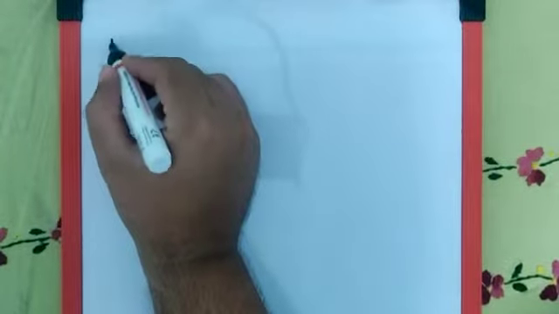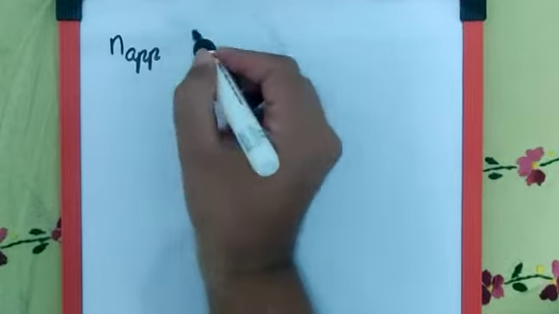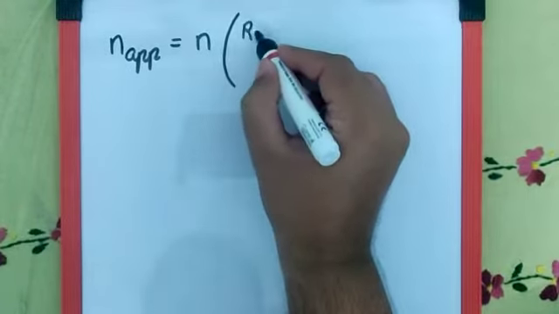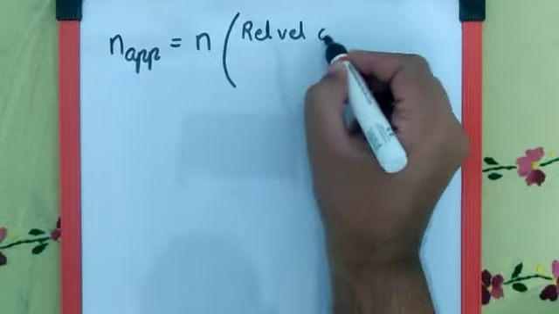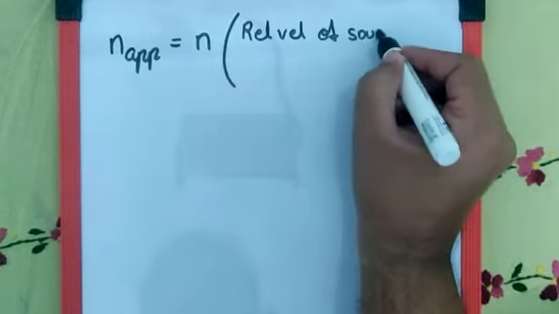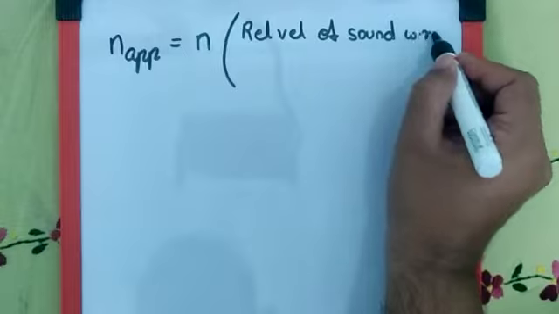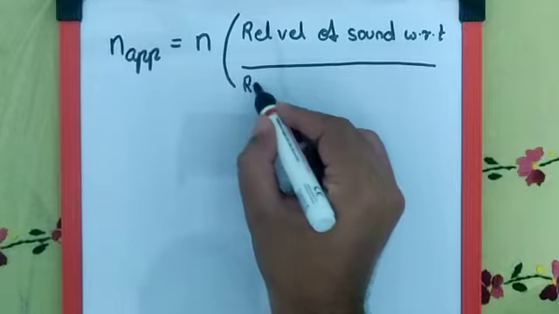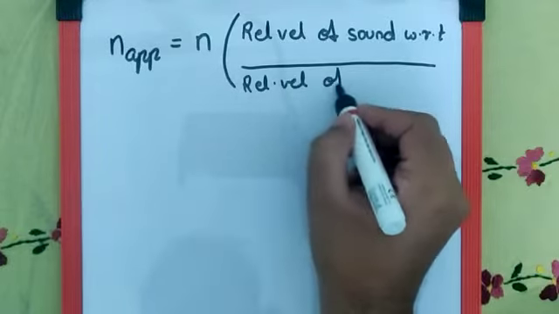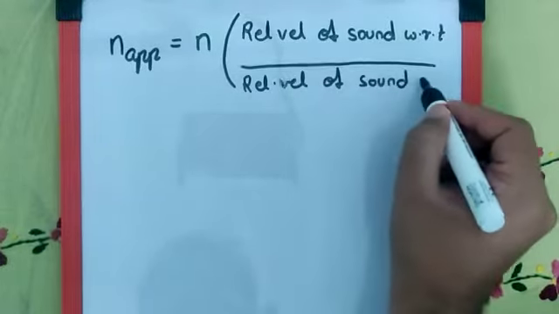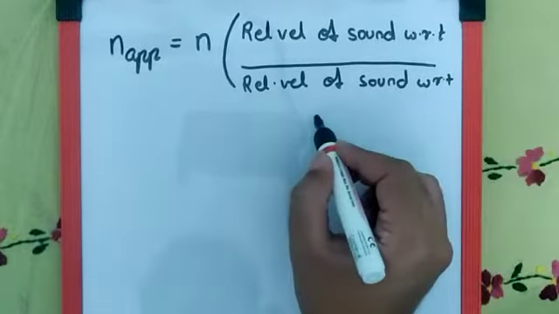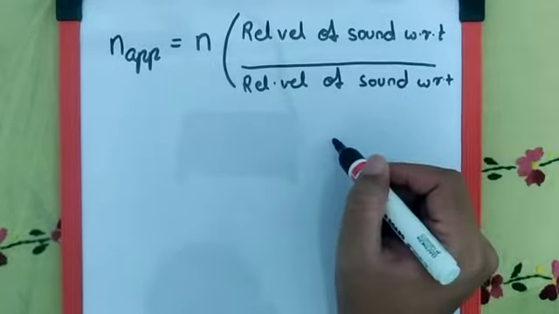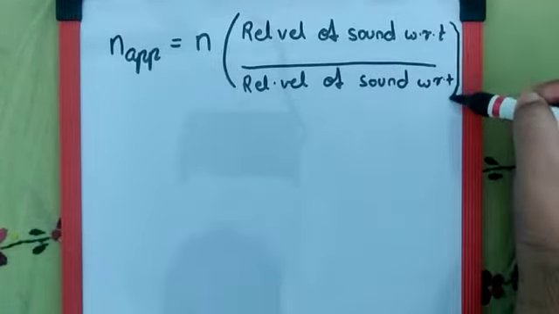So the formula is N apparent is equal to N times the relative velocity of sound with respect to something upon the relative velocity of sound with respect to something. Now these two parts with respect to, one is going to be the source and the other is going to be the observer, definitely, right?